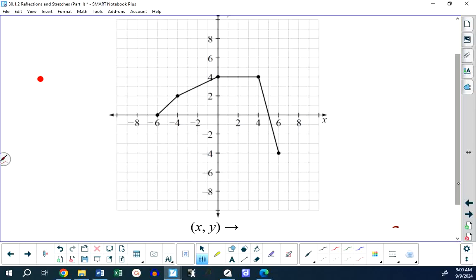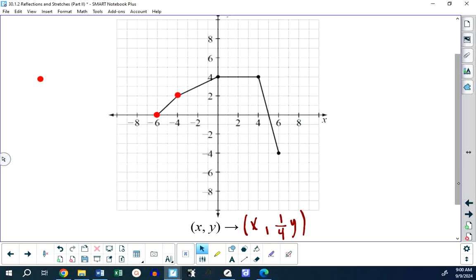If every point is going to be 1/4 as close, since the y coordinate of a point tells you how far away or close to the x-axis a point is, this is going to be the mapping. And we can go through and start plotting these points. This one will be invariant.